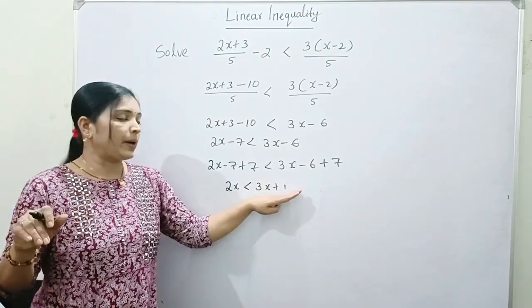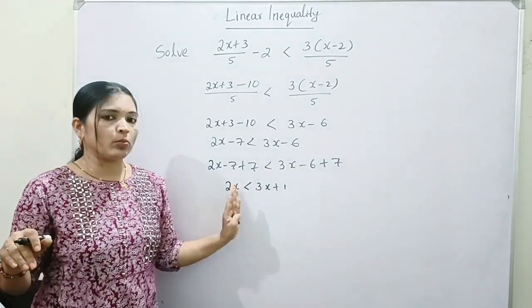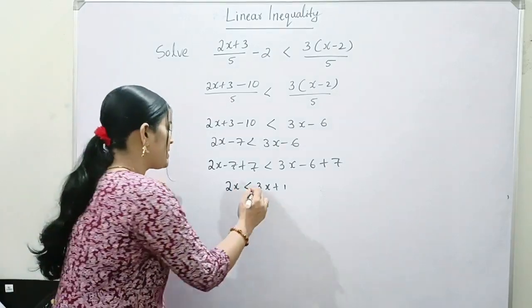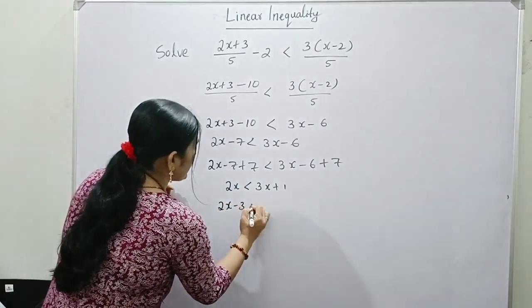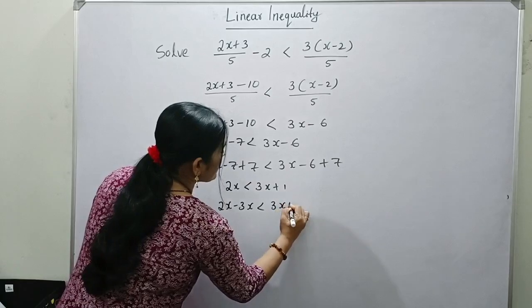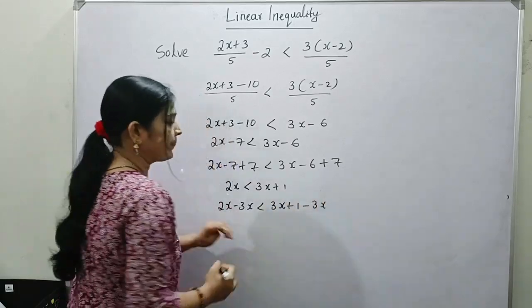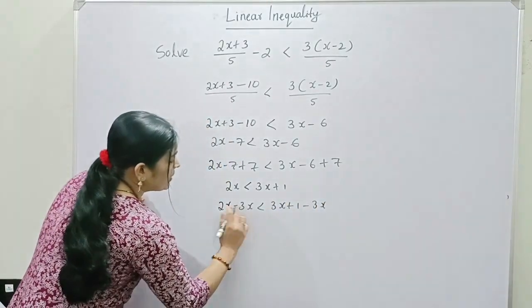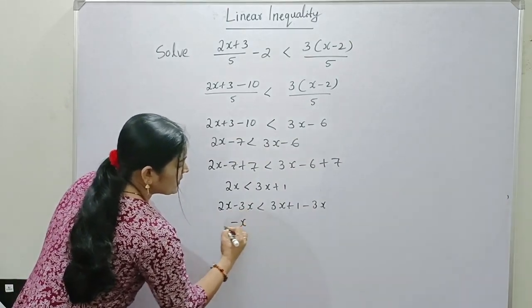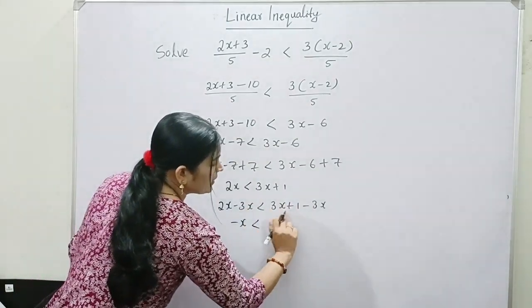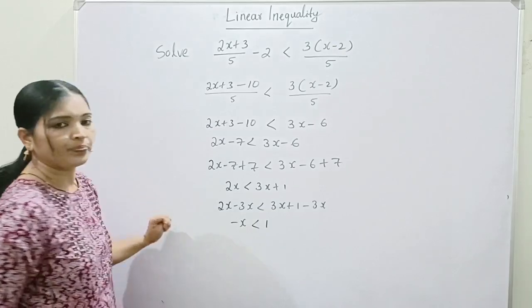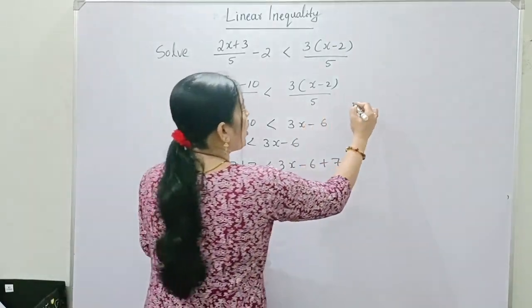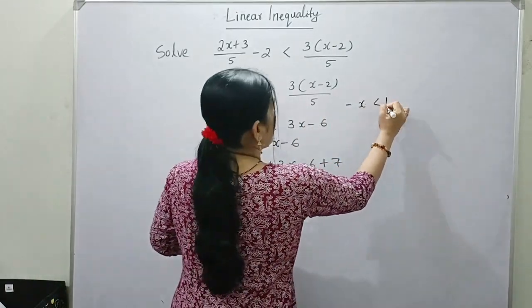So by subtracting 3x on both sides: 2x minus 3x less than 3x plus 1 minus 3x. So 2x minus 3x is minus x, less than 3x minus 3x cancelled, 1. So here we have got minus x less than 1.